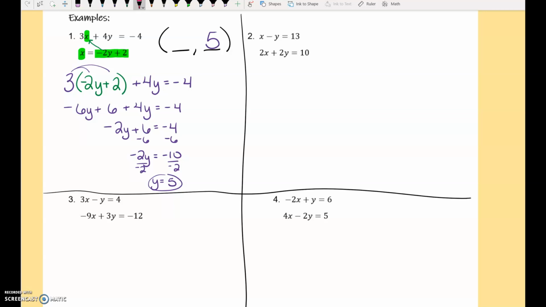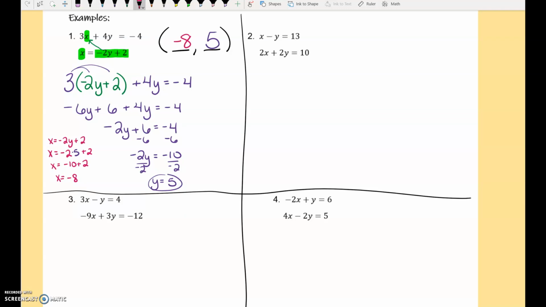So where do I have space to do that? X equals negative 2y plus 2. I figured out that y was 5. So x equals negative 10 plus 2. X is going to be negative 8.